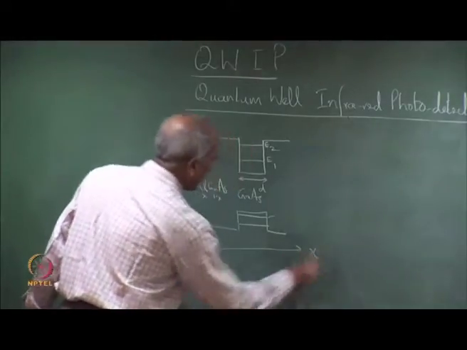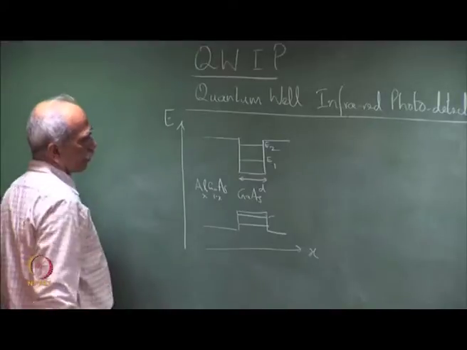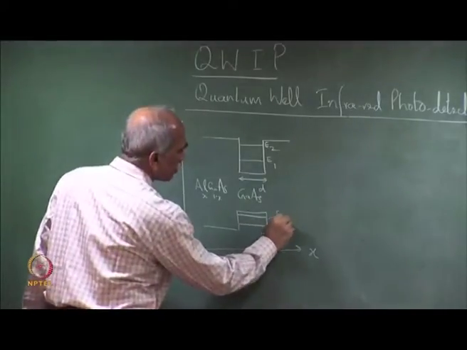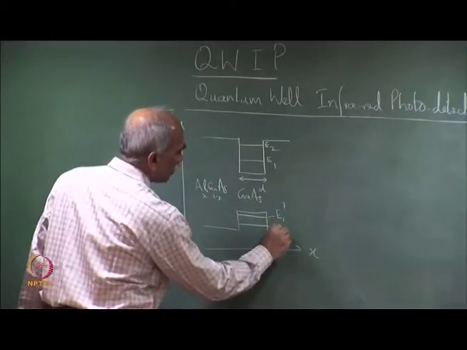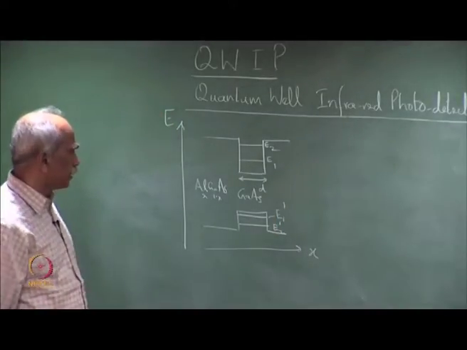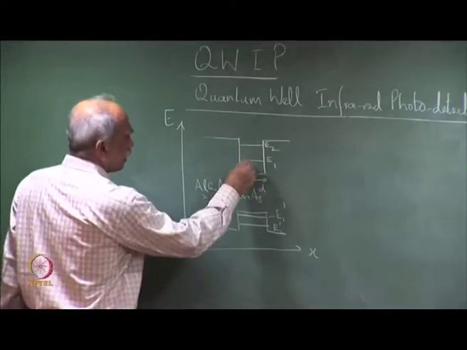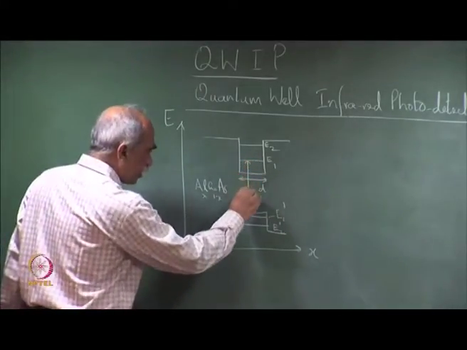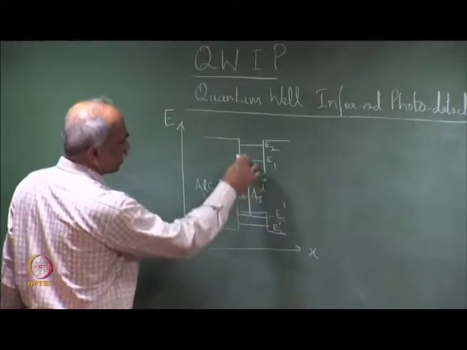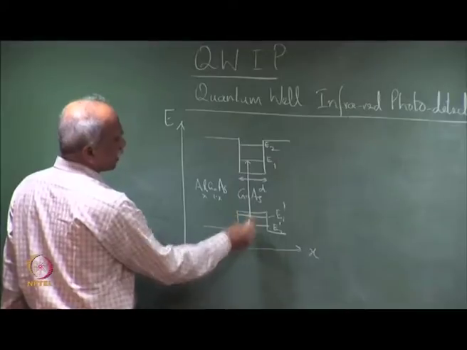This is X and this is E, and we have E1 dash and E2 dash, allowed energy levels for holes in the valence band. And the interband transitions take place from here to here, that is, to the lowest allowed energy level here.